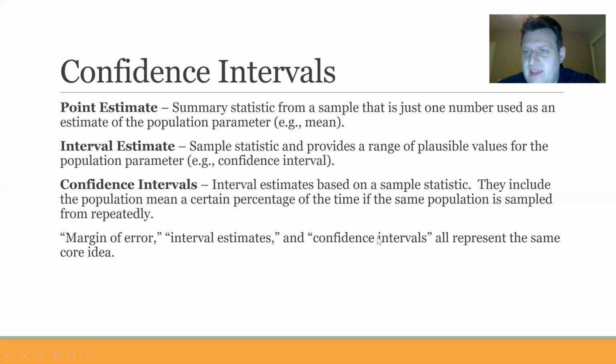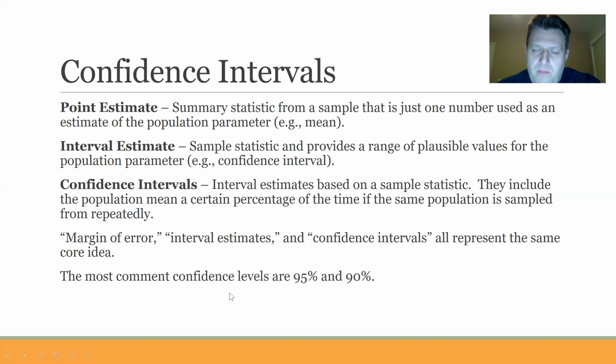There are many ideas very similar to confidence intervals, and you'll see these all over the place. So sometimes you'll see them called confidence intervals, sometimes you'll see them called interval estimates. A lot of times for political polling in particular, you'll see them called margin of error. Many of these are based off of the same idea. There are many different confidence intervals that you see, but two of the most common are the 95% confidence interval.